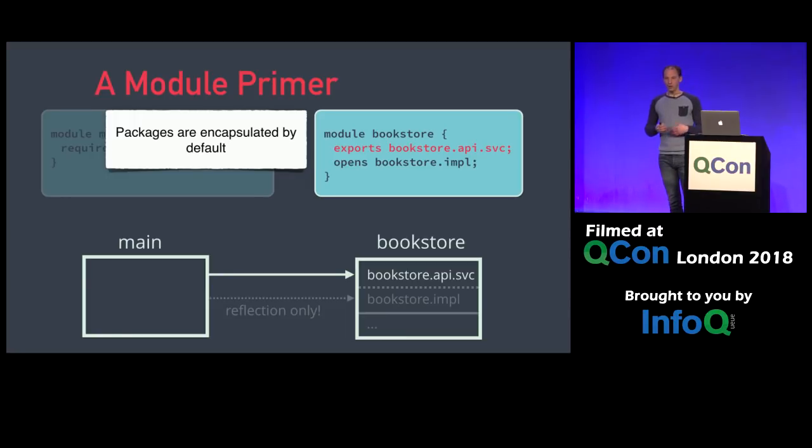Now, a modular jar actually doesn't expose anything to the outside world, only if you tell it to, using an exports statement. So here we say that the module bookstore exports the package bookstore.api.svc service. And any other packages inside of this module will be encapsulated, meaning that if another module has a dependency on bookstore, it won't be able to use this code in packages that haven't been exported.